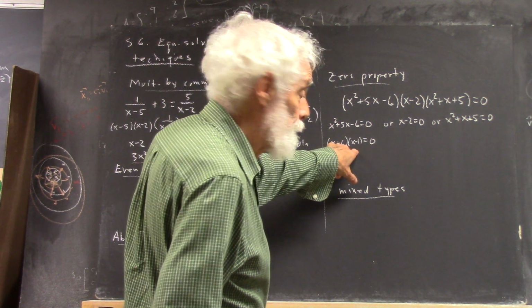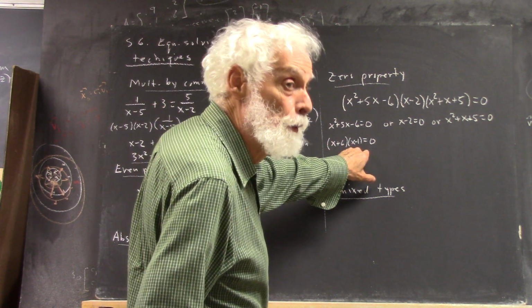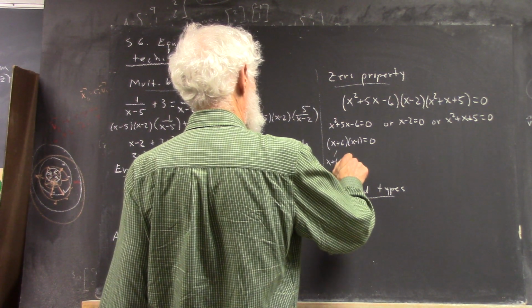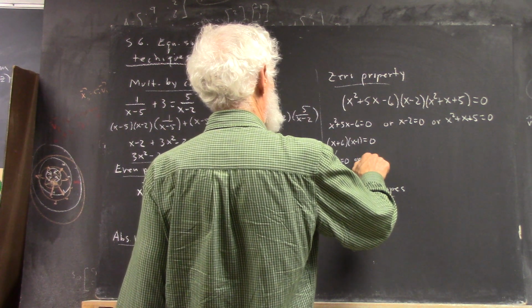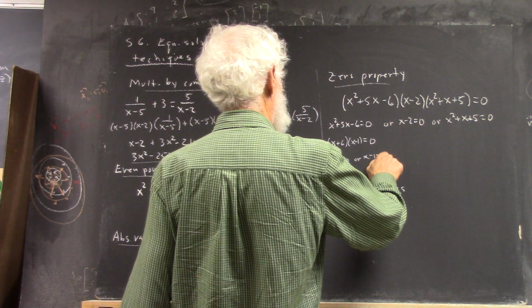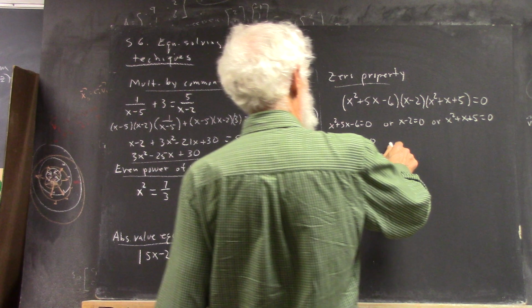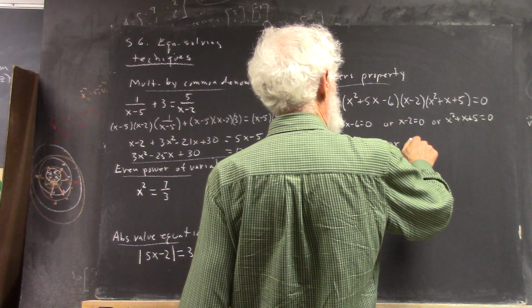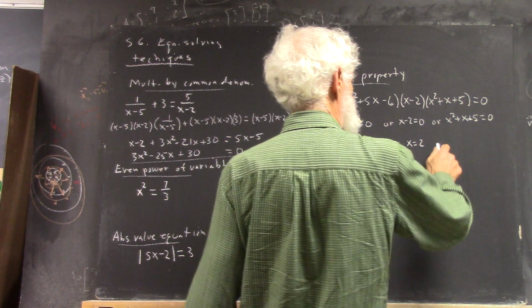Now, how can this be 0? Well, this has to be 0, or this has to be 0. So x plus 6 equals 0, or x minus 1 equals 0. Or, well, x minus 2 equals 0, x equals 2.